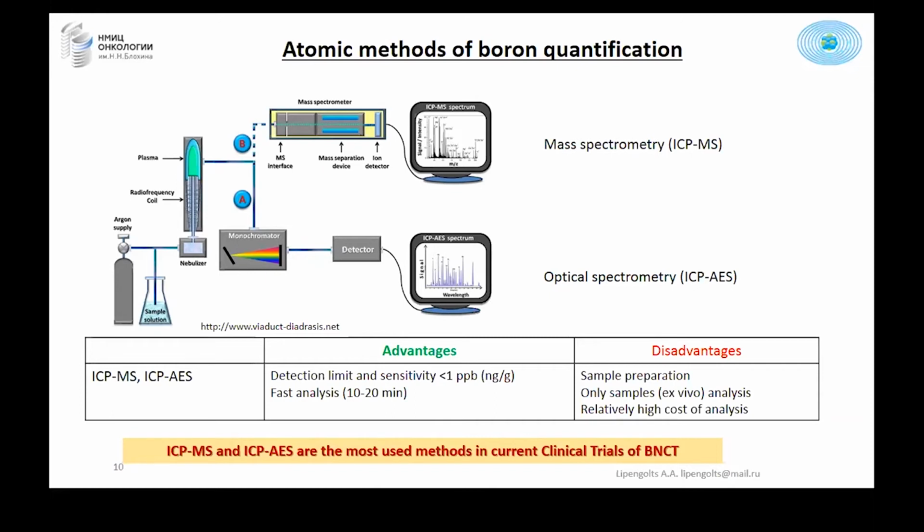Again, these methods can be used only for samples for ex vivo analysis, and they require a lot of argon to form the plasma torch, which makes it a comparatively expensive method. But that is the method which is used in all modern clinical trials in BNCT.